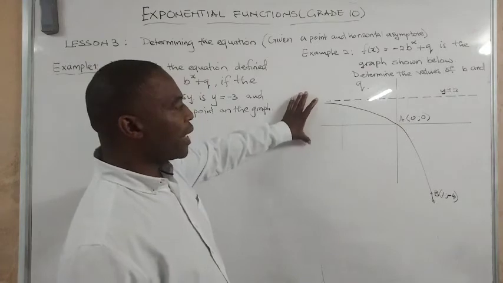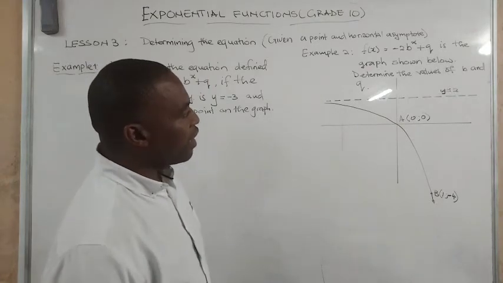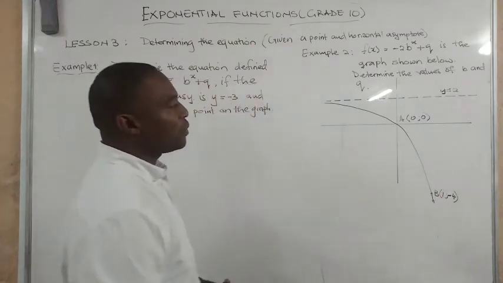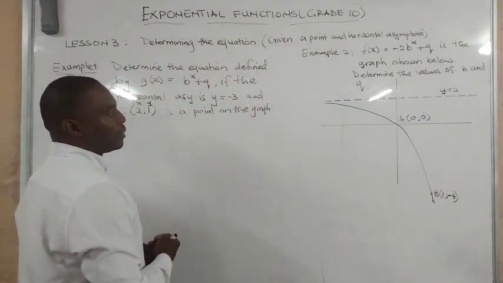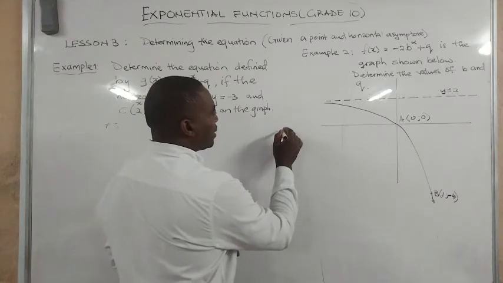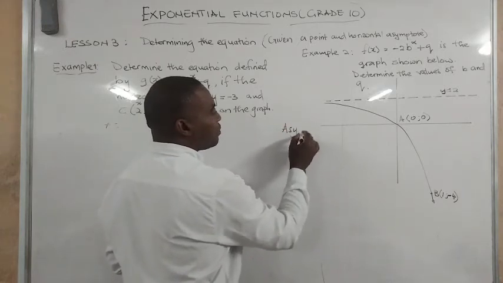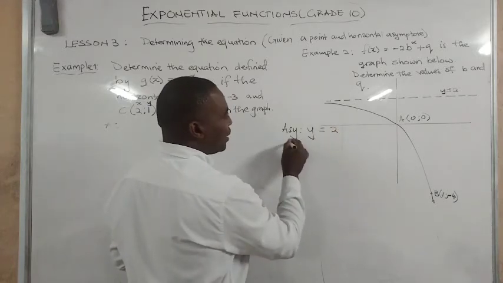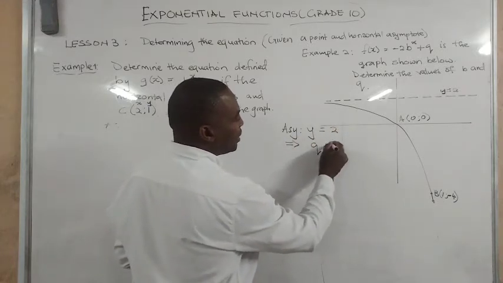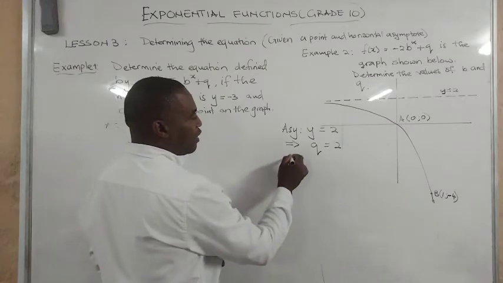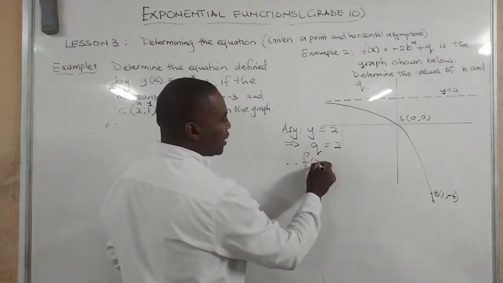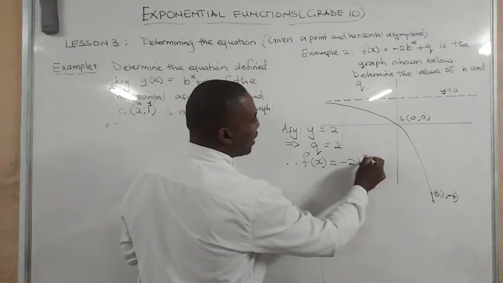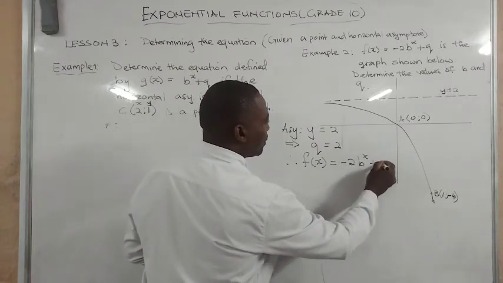Now if we look at the sketch of the graph, we can see the asymptote, which is y is equal to 2. So we are saying if the asymptote is y is equal to 2, then it implies that q is equal to 2. Therefore, f of x will be equal to minus 2 b to the power x plus 2.